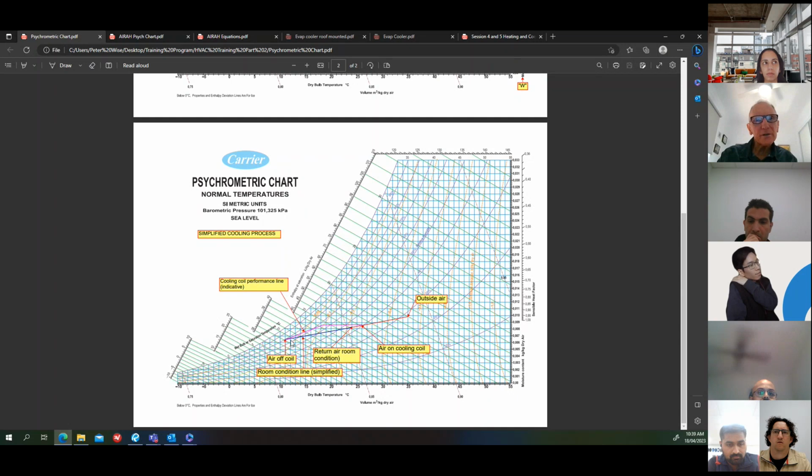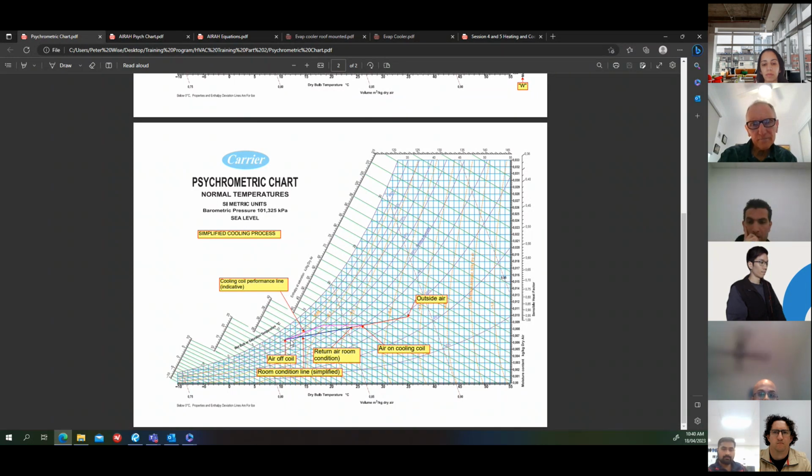However, you also need to consider if you've got supply air duct gain and other things adding heat to the supply air before it actually gets to the room, then you need to modify your chart. So if your air comes off here at 80%, you might have a horizontal line here to pick up the heat from supply air duct gain. There might be heat in the ceiling space that's getting in there from other sources.